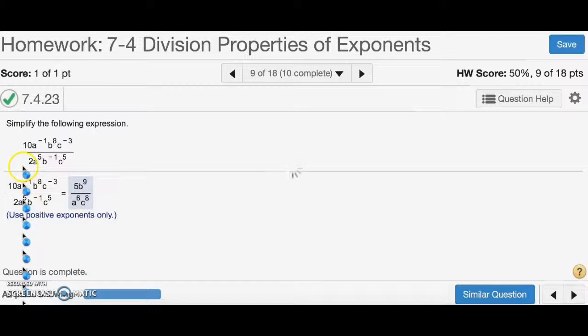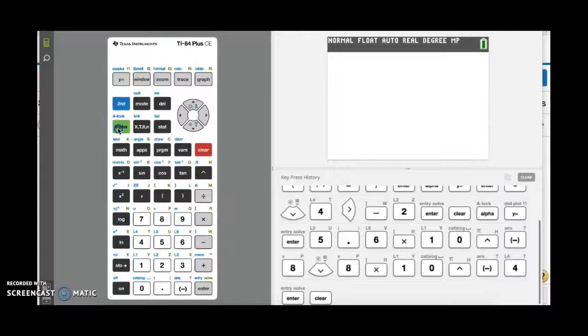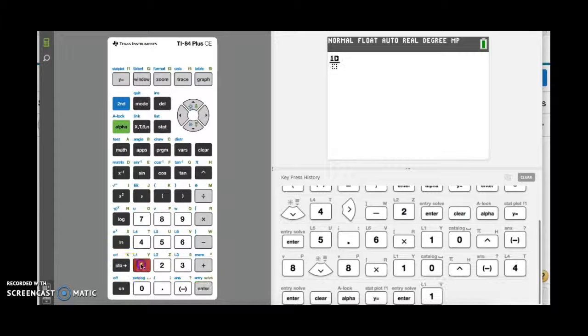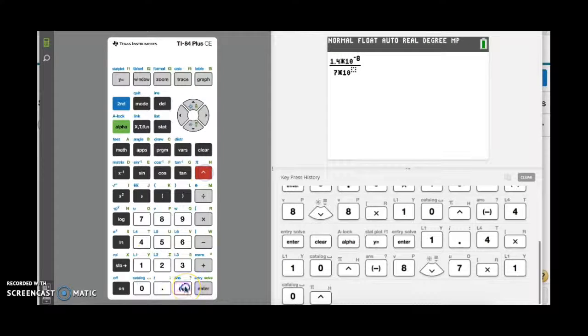That is number 9. Number 10 is just asking you to simplify the following quotient and write it in scientific notation. We can simply divide these into calculators, so let's do that. So we'll have alpha y equals, and enter, 1.4 times 10 to the negative 8 power all over 7 times 10 to the negative 5th power.